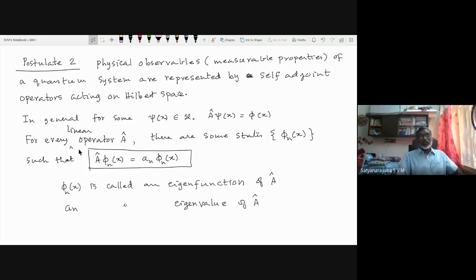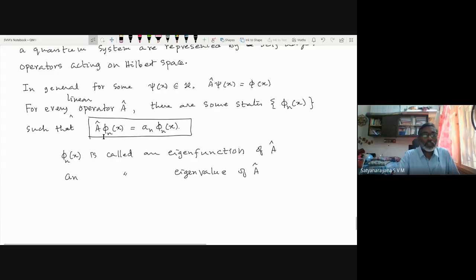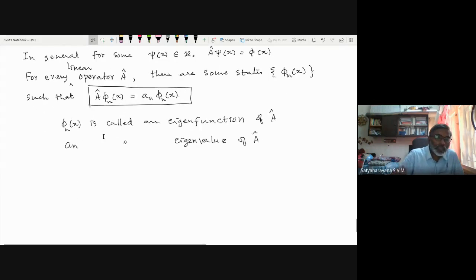So eigenvector is generalized as an eigenfunction, and a n is called an eigenvalue of A. Once we have this situation, then we have an important theorem.